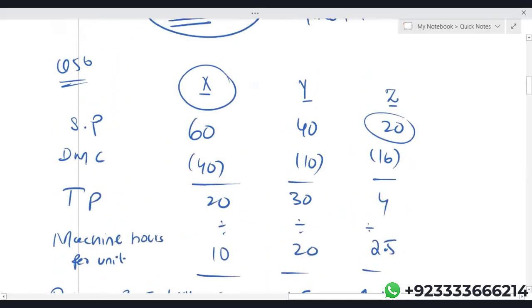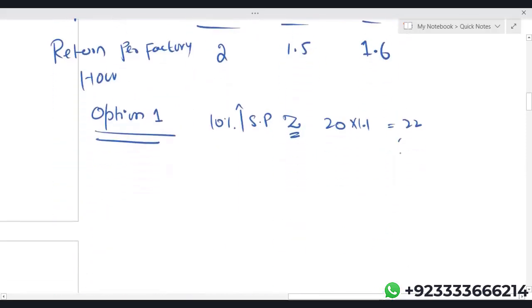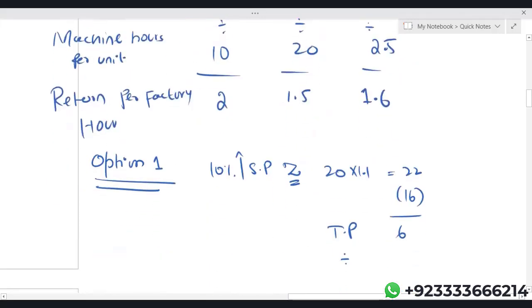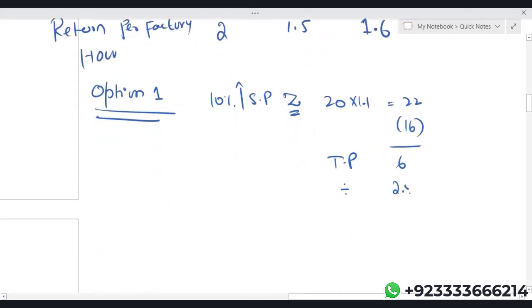The direct material cost remains the same, 16. This gives throughput of 6. Bottleneck time for Z is 2.5 hours, so 6 divided by 2.5 gives 2.4.